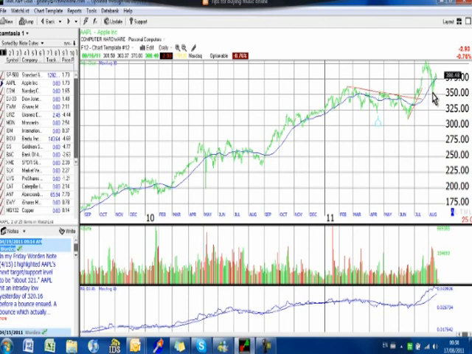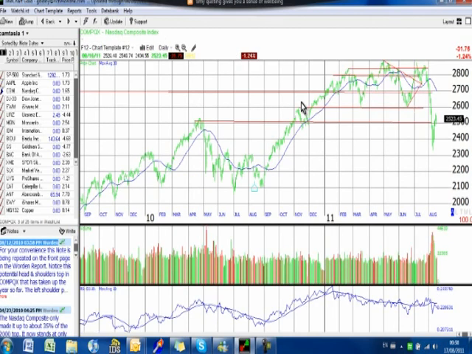Arguably that is a bottom in place here, but the problem is now we've got the overall market looking negative, so this may be dragged down by the market, but for the moment it's looking okay. We're going to look at the Nasdaq. Similar situation.